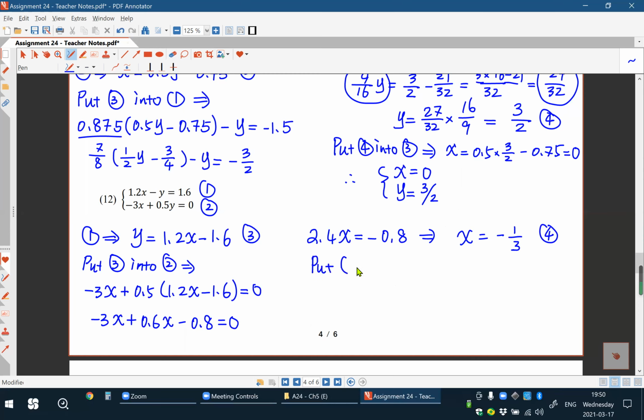Then we can put number 4 into number 3 to solve our y there. y is 1.2x. x is minus 1 over 3.